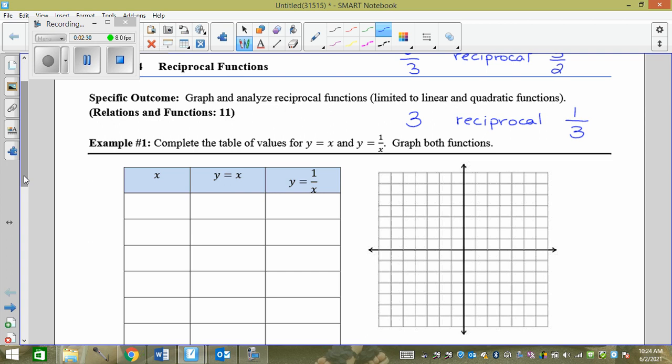So you get a straight line because wherever your y is the same as your x, you would draw a coordinate, correct? So it'd be 0, 0, 1, 1, 2, 2, 3, 3, -1, -1, -2, -2.